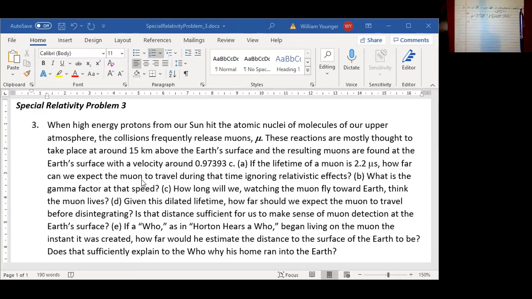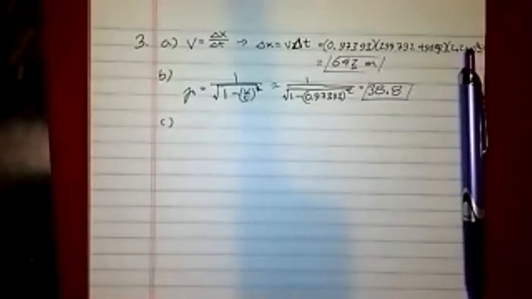Now, both the birth of the muon and the death of the muon occur at the same place, specifically at the location of the muon. So that is the actual proper time. What we're measuring, though, what we're asked to calculate is the dilated time. So the proper time is the 2.2 microseconds, and now we're going to use that to calculate the actual dilated time.